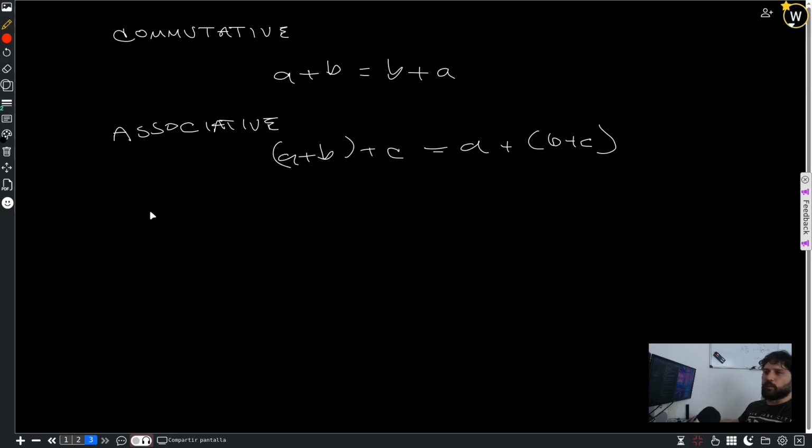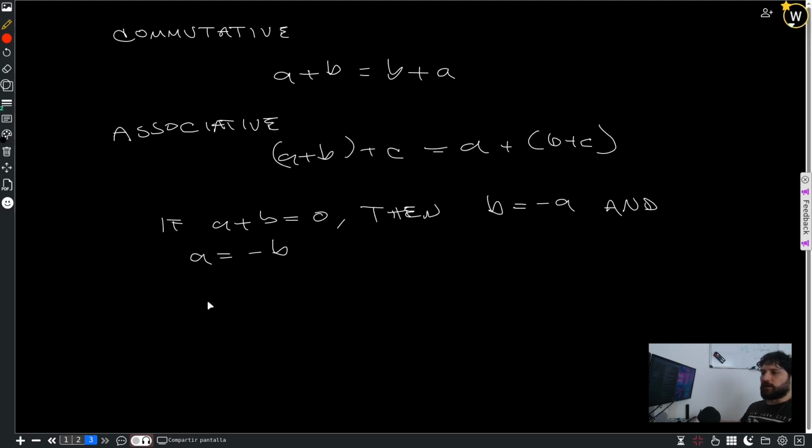We could use these two simple rules to prove something. For example, we could say if a plus b is 0, then b is equal to minus a, and a is equal to minus b. We could do this by adding an extra element to our equation, right?